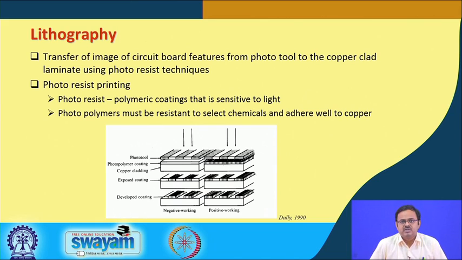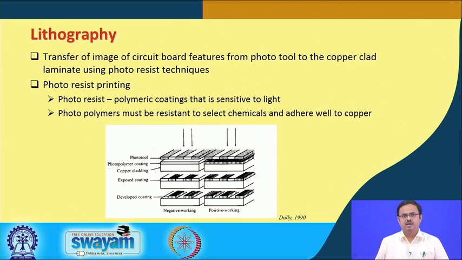So, depending on whether it is a positive photoresist or negative photoresist, when exposed to light, and typically it is UV light, we are going to either harden the exposed portion, which will be helpful for removal later, or we are going to soften the exposed portion, which is going to be easy for removal later, or we are going to do the opposite, where we are going to soften or harden the exposed portion, which therefore will be retained and the rest of it can be removed. Okay. So, that is what is shown here, negative working, positive working.